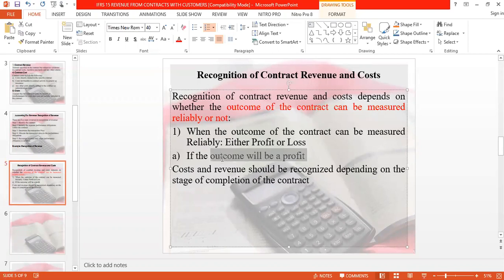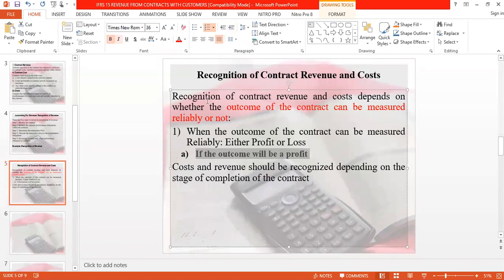If you know that the outcome will be a profit, what should you recognize? You should recognize depending on the stage of completion of the contract. If the contract is 60% complete, recognize 60% of revenue and recognize 60% of costs. That is if you will get a profit.